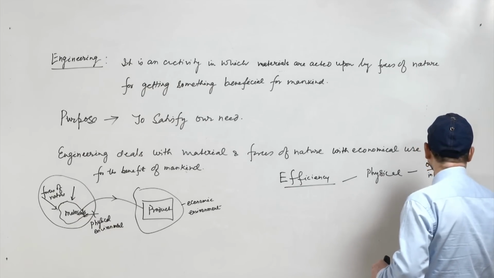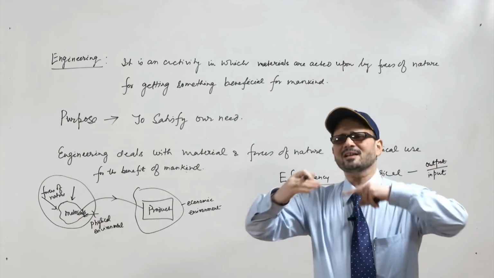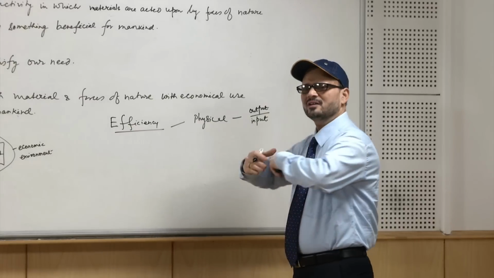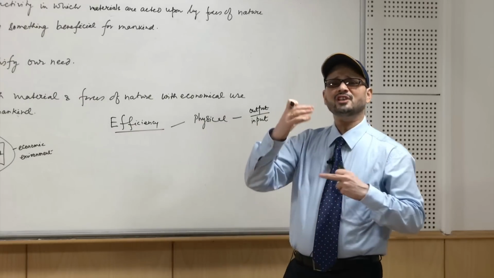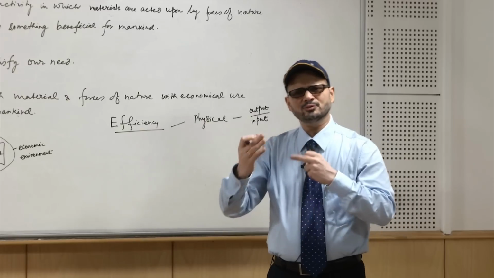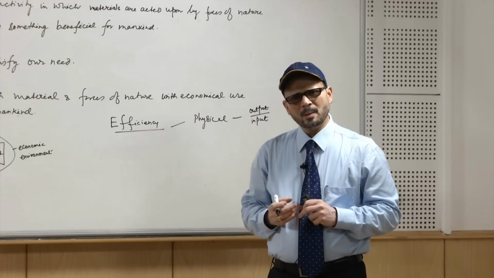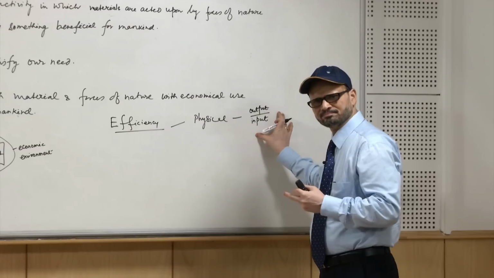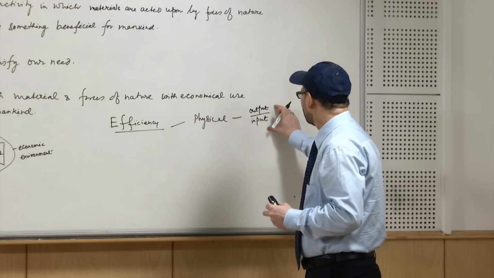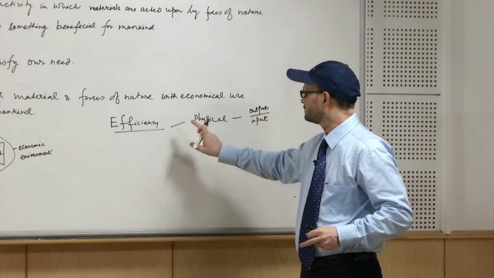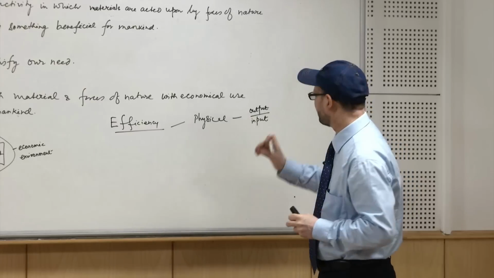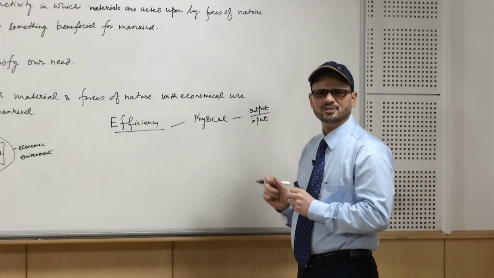So, basically we are dealing with altering the physical environment. Ultimately we have the outputs and inputs in terms of physical units, maybe in terms of wattage, joules, velocity. There are many physical units in that. Once they are divided, output by input, that is known as physical efficiency, and it is less than 1. So, efficiency will always be less than 100% here.